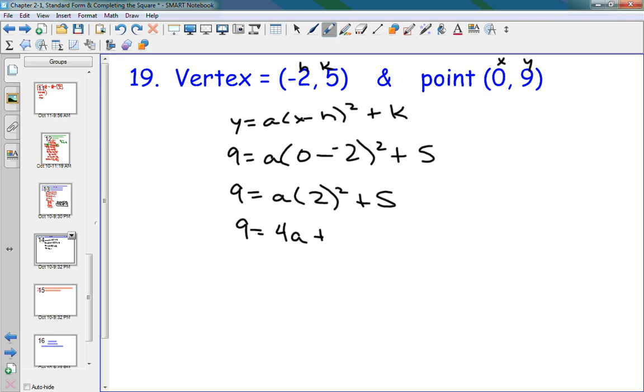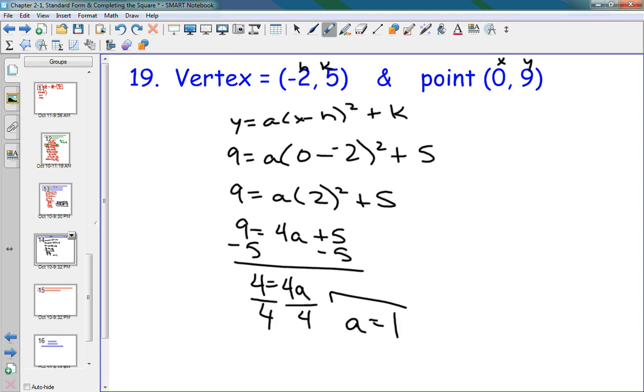So 4 times A plus 5. Subtract 5. 4 is equal to 4A. Divide by 4. A is equal to 1. Now it just happens to be 1 again. That doesn't mean that it's always going to be 1. Do you understand that? So my equation is going to be y is equal to 1 times x plus 2 squared plus 5.